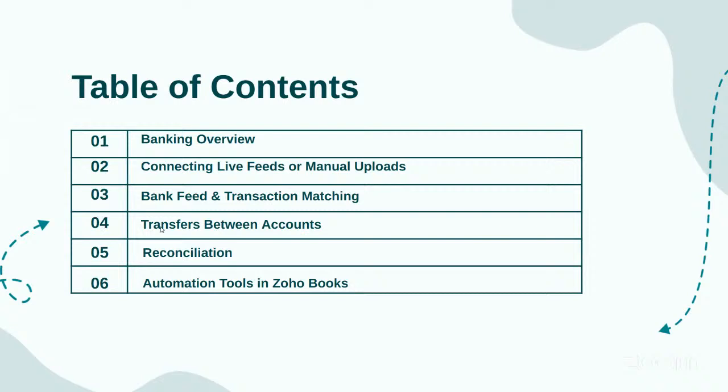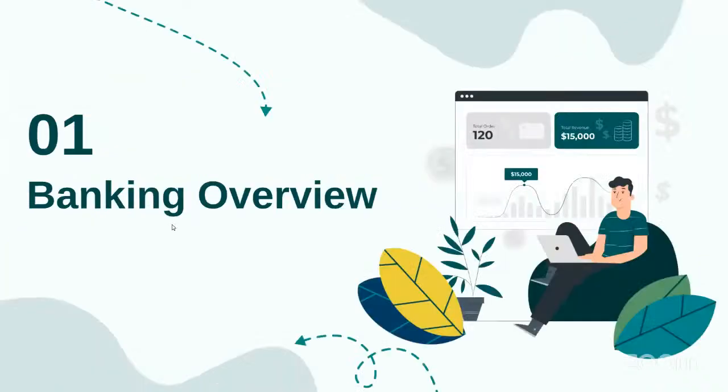Then in transfer between accounts, I'm going to tell you how you can transfer an amount from one bank account to another. In the third one, that is reconciliation, we're going to discuss monthly best practices for reconciliation and how you can do reconciliation. And in automation tools, we're going to discuss rules, scheduled reports, and workflows that would help you in automating your work here in Zoho Books.